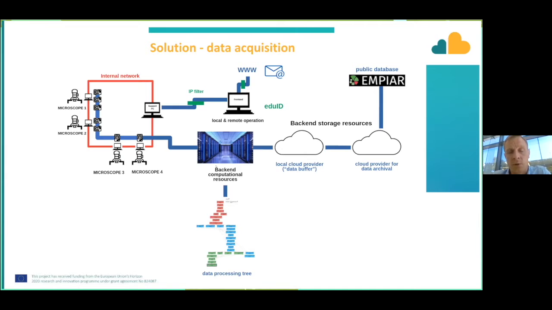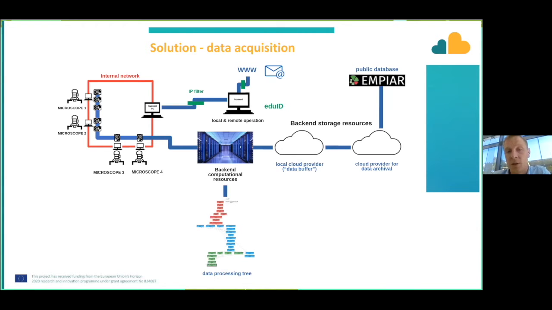At the back side of that, in our case we have in-house computational resources, but this can also be remote computational resources to which the data are transferred on the fly as the experiment on the instrument is started. And we can run the data analysis and store the data processing tree together with the raw data.